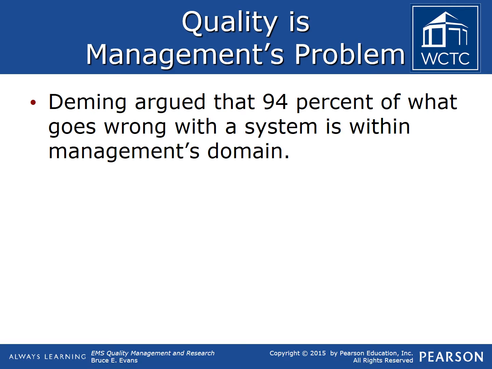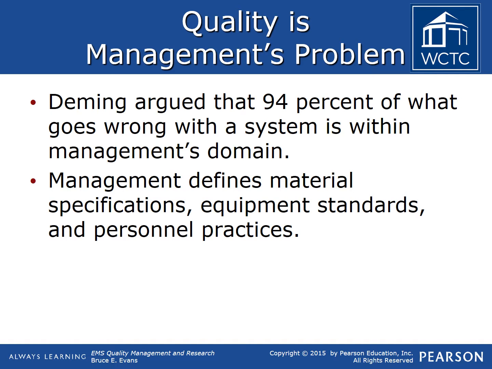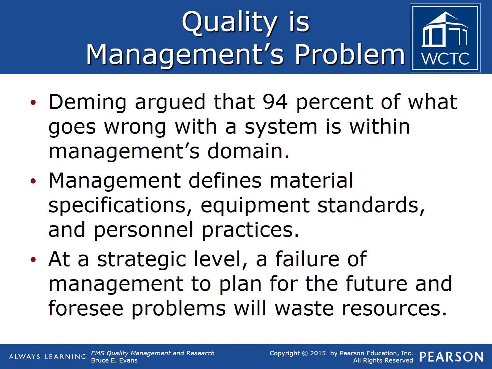As an example, management has the ability to control material specifications, equipment standards, personnel practices, workstation design, service delivery expectations, and so on. All of these various factors contribute to variations in output that impact quality. Strategically, a failure on the part of management to plan for the future and to foresee problems results in costly waste of time, energy, materials, and productivity.